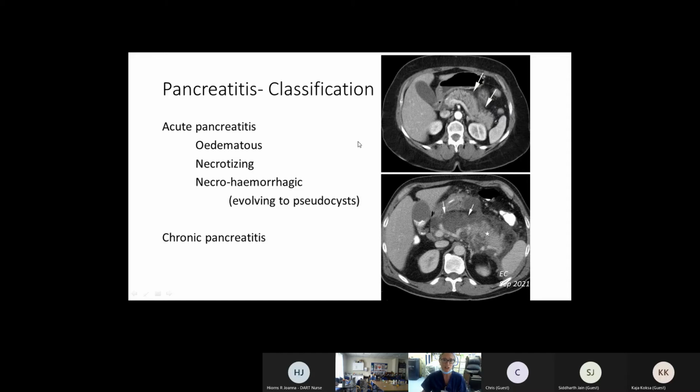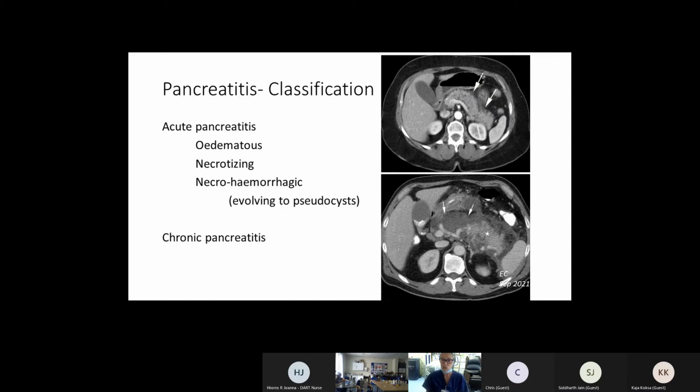The next stage is if that parenchyma gets necrotic. It's considered worse. And as you can see here, there's this area where there's some fluid, some liquid that corresponds to that necrosis. And the worst case scenario is when that necrosis evolves to erode some small vessels, and then there's also blood inside, and we call it necrohemorrhagic.